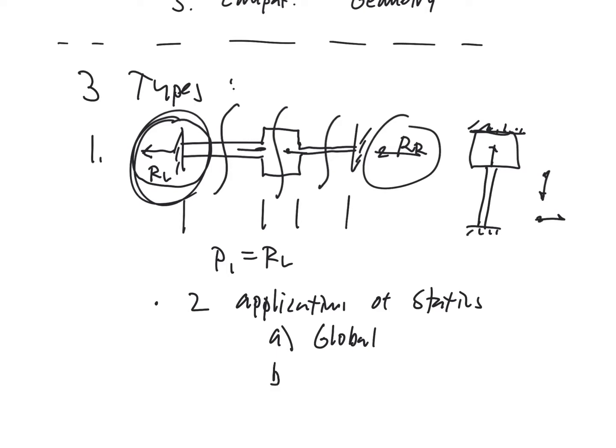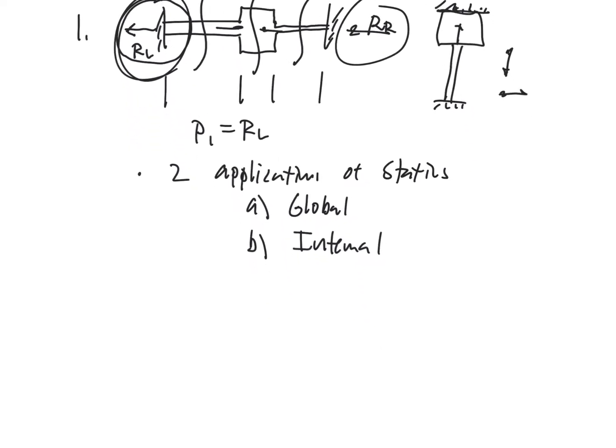But the more important one is going to be the internal bar forces, and you need to have those. So you're going to have to make a sequence of cuts like we've done here: 1 cut, 2 cuts, 3 cuts. You're going to have to make a sequence of those to get the internal bar force. Then you apply the stretch in each segment, so we'll get the delta in each segment.